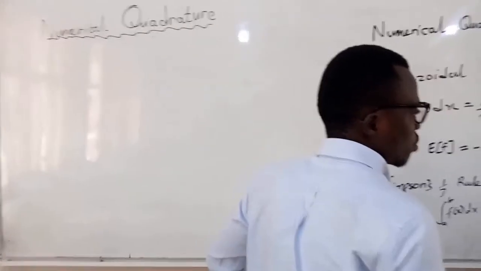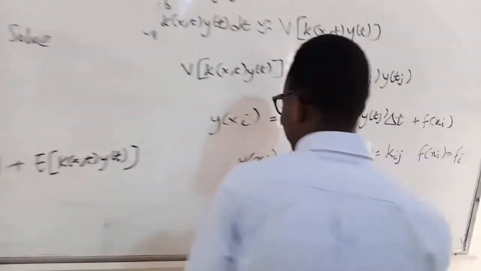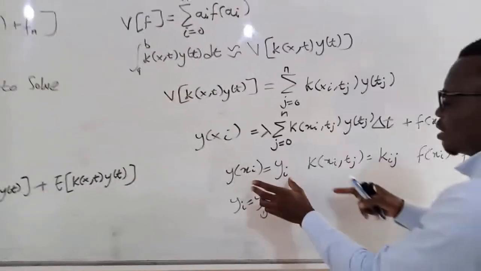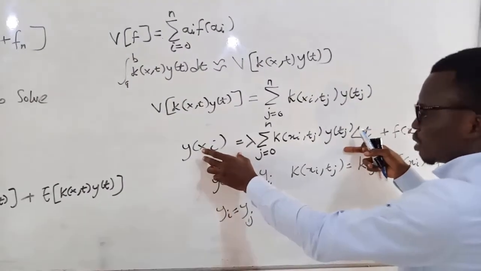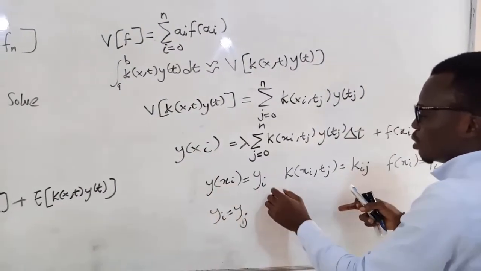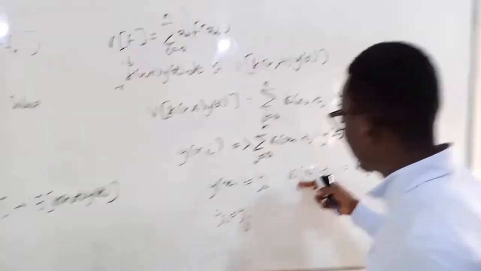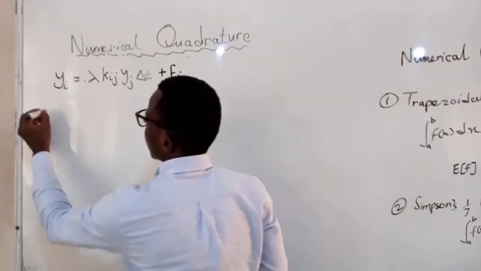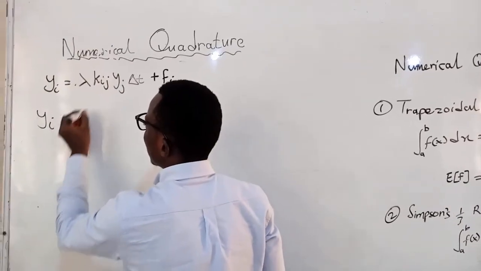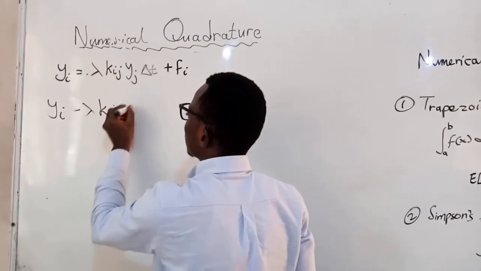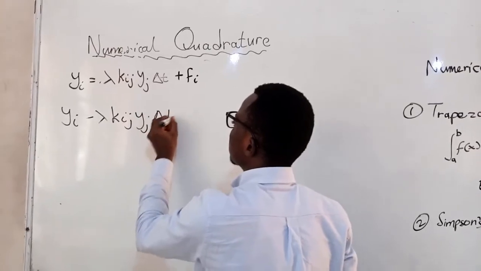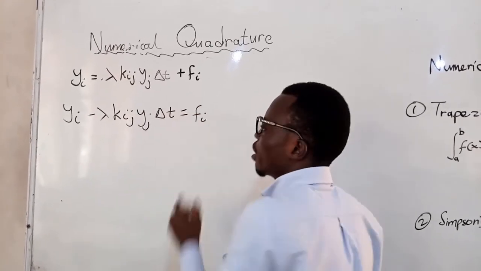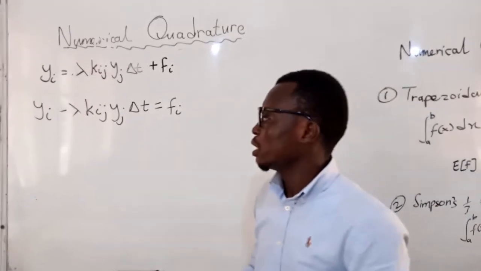If you substitute them into this equation, you're going to have y_i equal to lambda times the summation. Let's send this to the other side, and you're going to have y_i minus lambda k_ij y_j delta t equal to f_i.